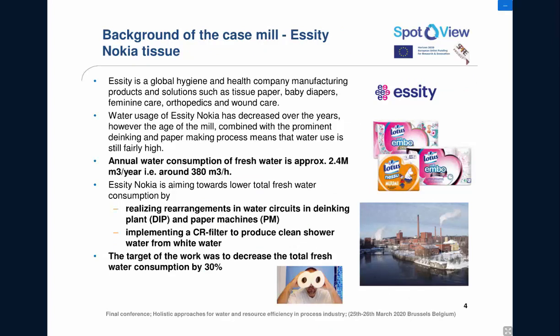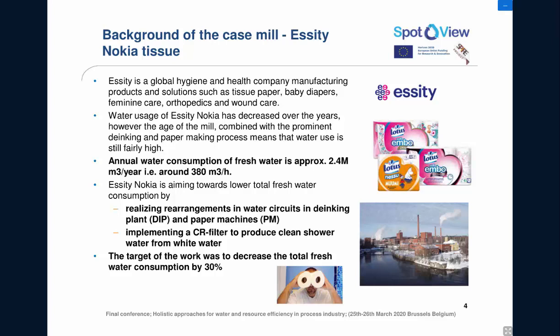In our case, the case mill was the Essity Nokia mill here in Finland. What are the products? Some tissue paper, baby diapers, feminine care, orthopedics, and wound care. The Essity mill is quite an old mill, so different sections of the processes are quite far away from each other.